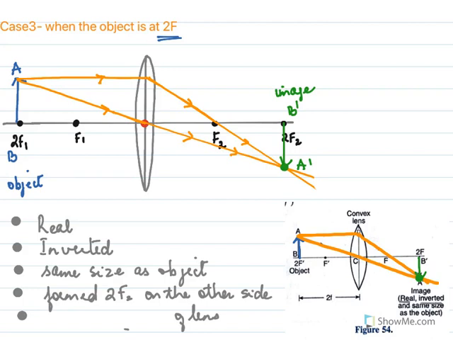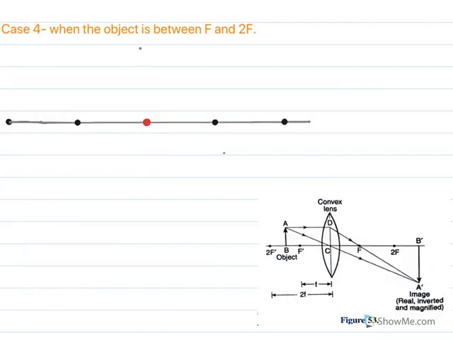Nature of the image, real, inverted, same size as that of the object. This was case 3. So draw a line and mark these 5 points, and then you draw for the lens. You draw this perpendicular here and you complete your lens.